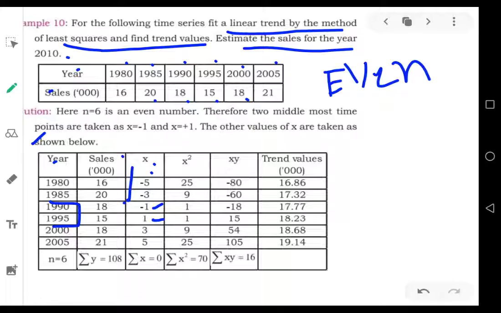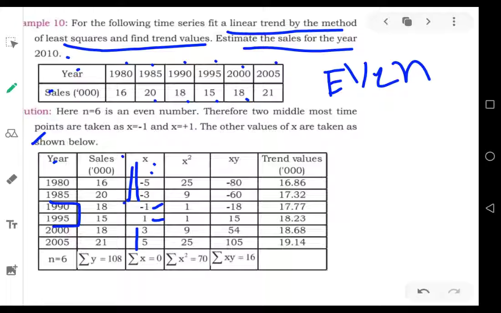Alternate numbers means after 1 comes 3, then 5, then 7, then 9, then 11, then 13. So you should go with alternate numbers above. So on the upper lines, you should go -3, -5, -7, and while coming below, +3, +5, +7.